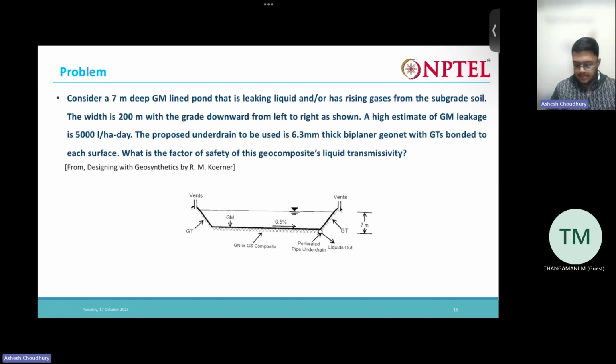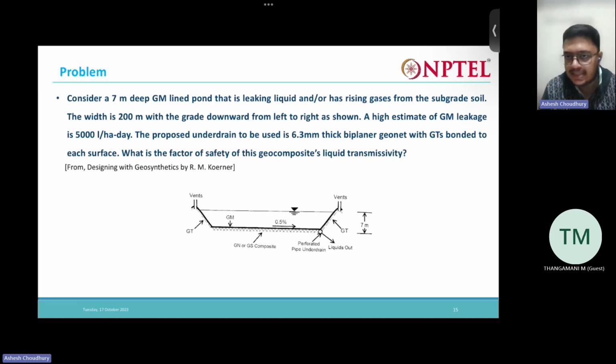Okay, let us see this. Consider a 7-meter deep geomembrane lined pond that is leaking liquid and has rising gases.